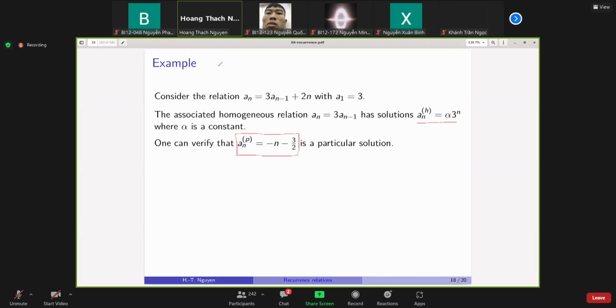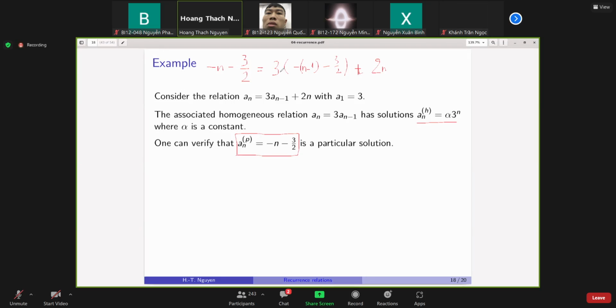You can verify that minus n minus 3 halves is equal to 3 times minus (n minus 1) minus 3 halves, plus 2n. What do we have here? Is it the same?